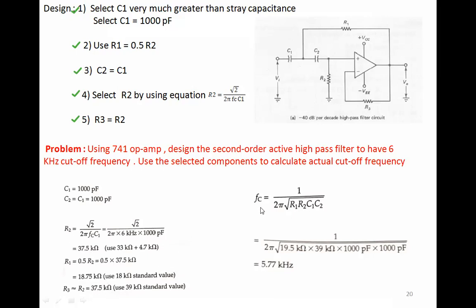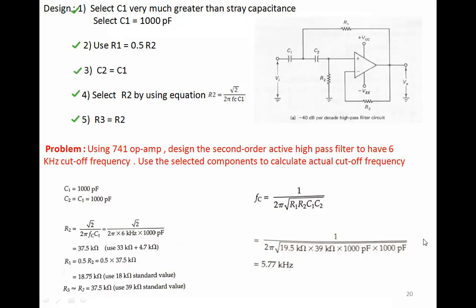And now we are going to recalculate what is going to be the FC, now that I have all the values of resistance. So 1 by 2 pi, R1, where is our R1? I think it should be 18.75. So 18 we are going to use here, and R2 is 39. We have used a different value here. Then C1 and C2 are also the same.